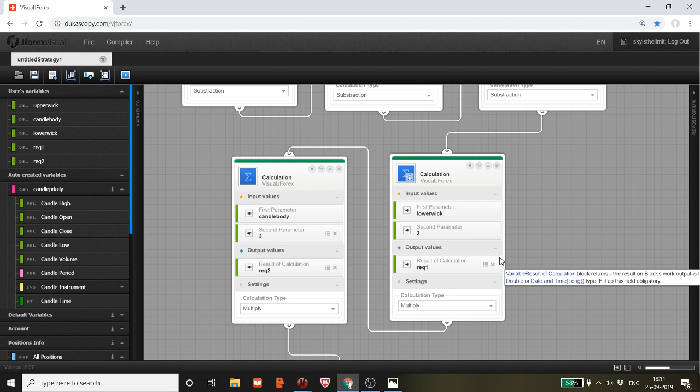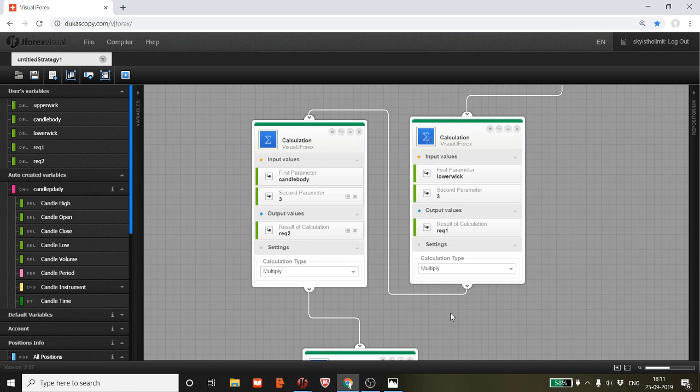Two requirements will be there. First is, I will multiply the lower wick by the 3 and multiply the candle body also by 3. So this is why I have calculated these two variables. Upper wick should be greater than thrice of the lower wick, and upper wick should also be greater than thrice of the candle's body.